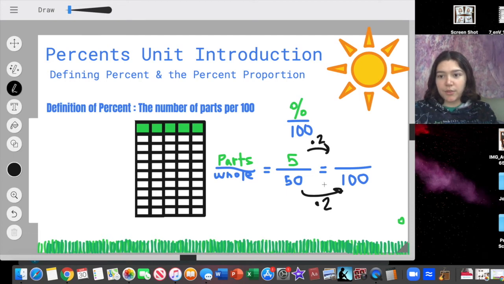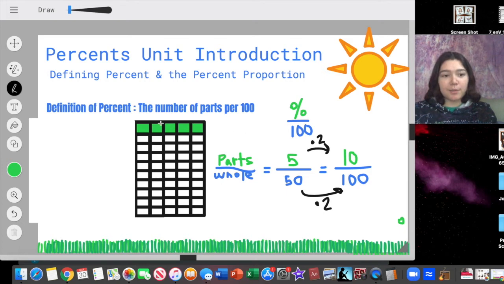What is 5 times 2? Perfect, 10. Thus, the ratio 5 divided by 50 is equivalent to 10 divided by 100. So in this situation, the number of parts per 100 parts is going to be 10. I'm going to have 10 parts filled in for 100.